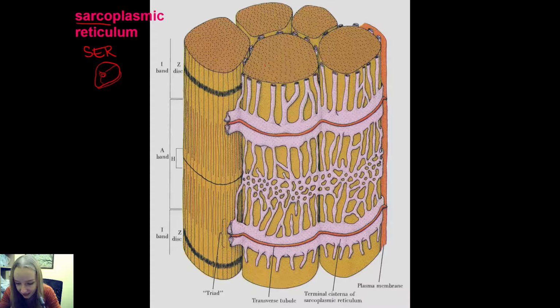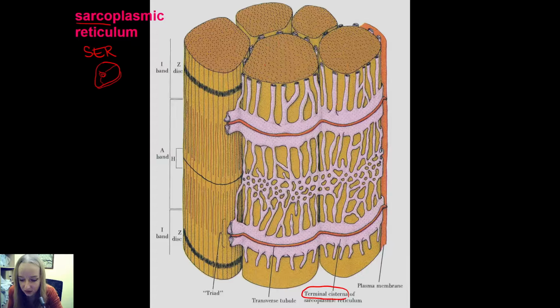It's a network of tubules, like that's normal for smooth endoplasmic reticulum. But here in a skeletal muscle, these tubules are fusing together and creating this terminal cisterna, or terminal tank, here. You can see this big structure.